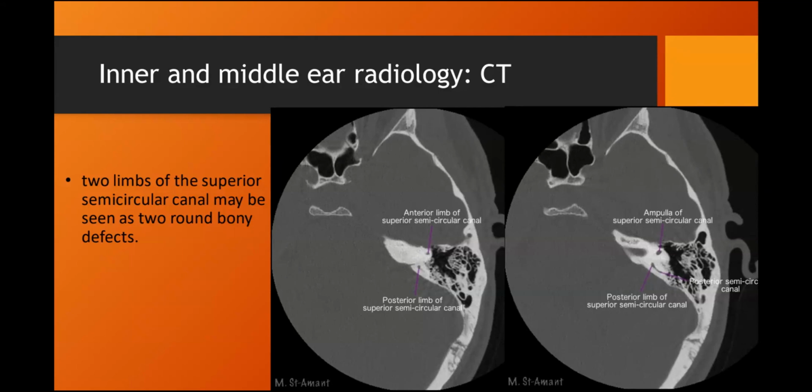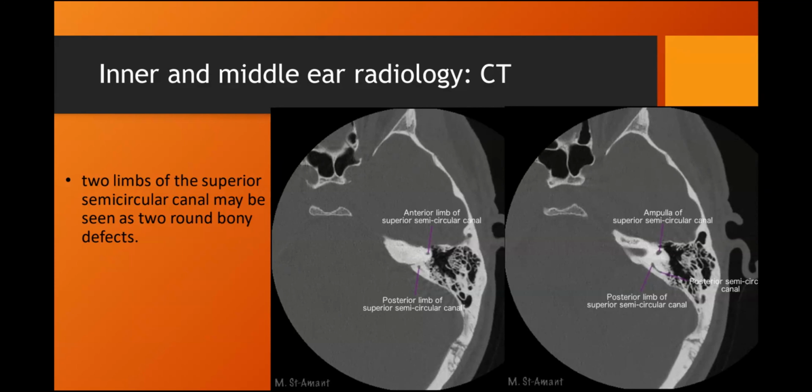From the upper part, the upper sections, this is the axial CT scan. When we start going downward, the superior semicircular canal will start to appear as bony defects anteriorly and superiorly.